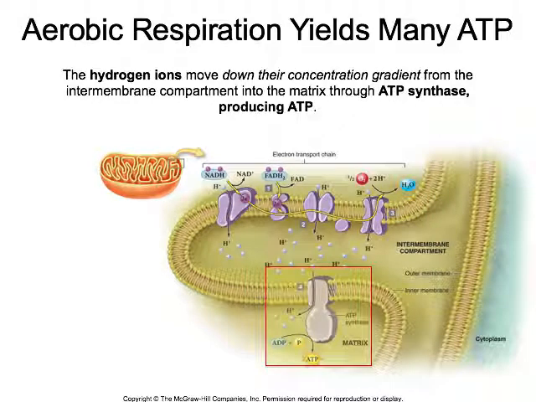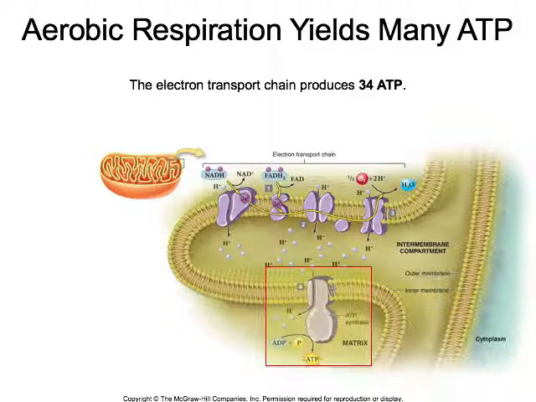The hydrogen ions move down their concentration gradients from the intermembrane compartment into the matrix through ATP synthase machinery, thus producing ATP. The electron transport chain produces 34 ATPs overall. That's a lot. That's enough to keep most living things functioning.